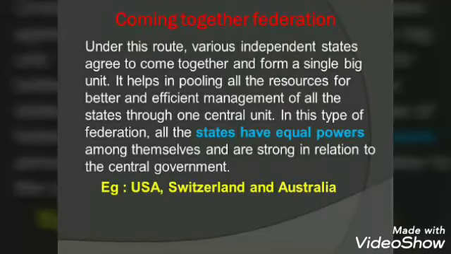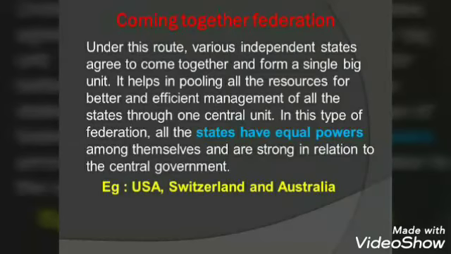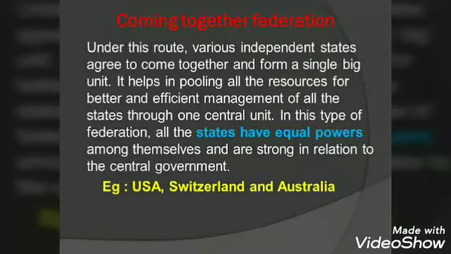That means all the independent states have equal power and pool their resources together so that their country can be managed in a well-defined way by a central authority. So power is equally divided among all the independent states. So children, this is the coming together federation.